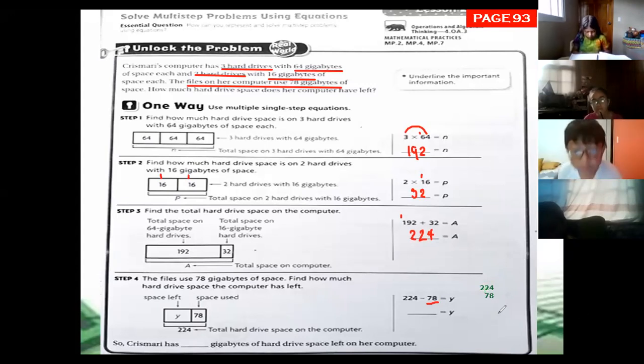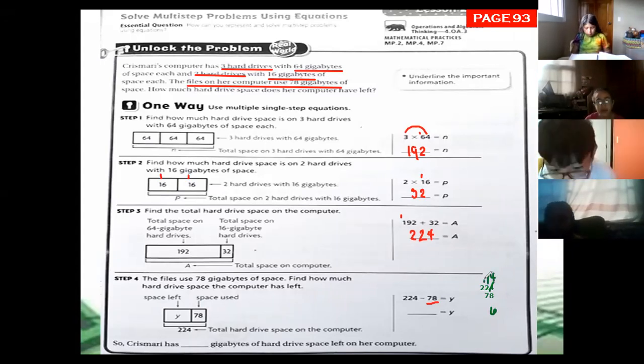Then this 2 became 1, so this one is going to lend.